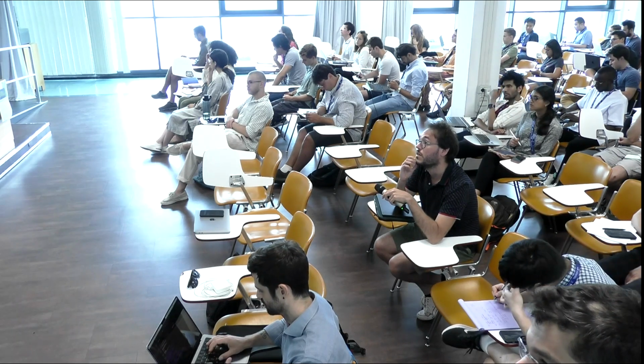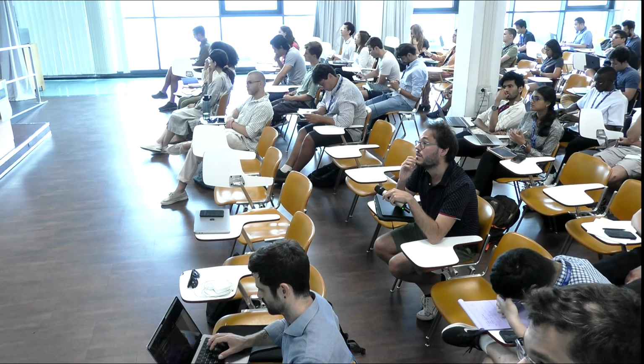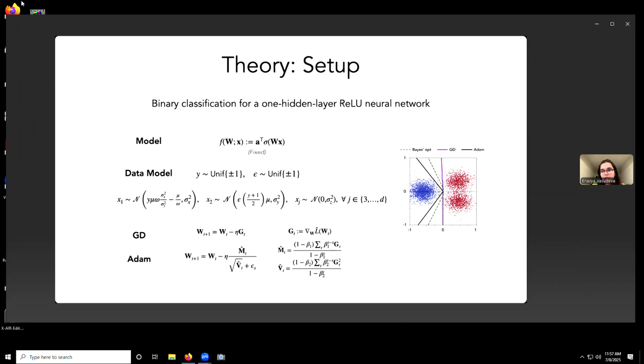Yes, so I think at least in this very simplified setting, it's more clear. Here the intuition is that, for example, in these two classes, the dominant signal comes from just the first feature in the first dimension, and as a result, gradient descent just learns the linear decision boundary.